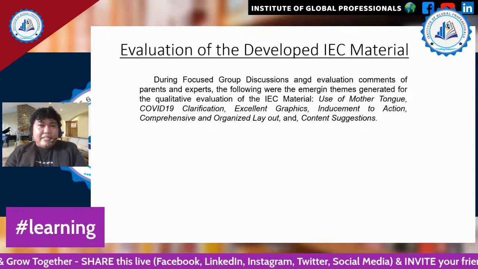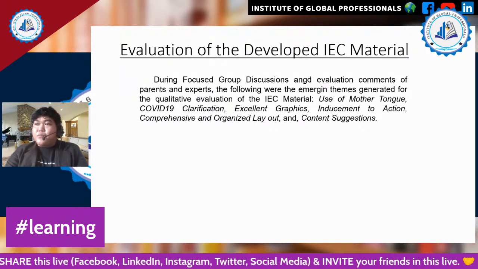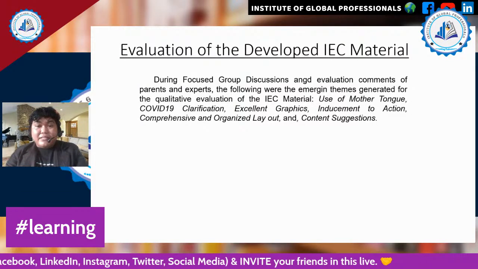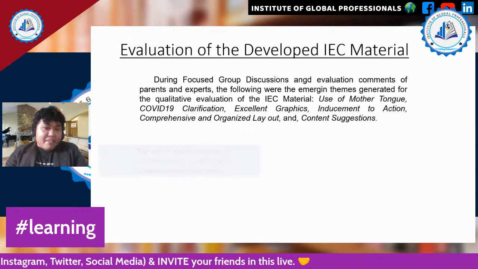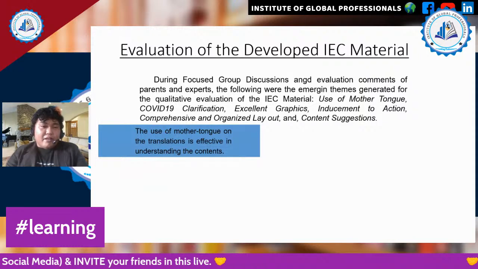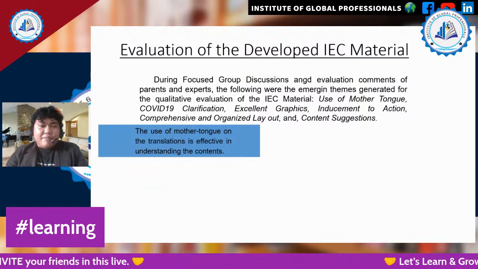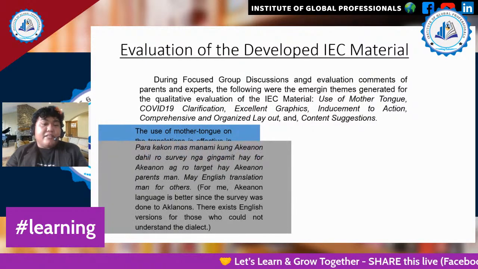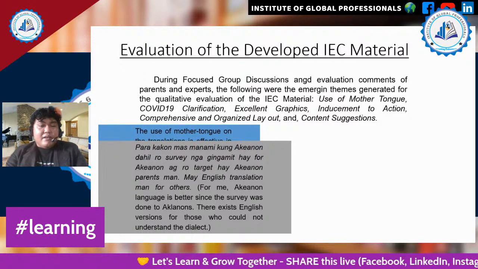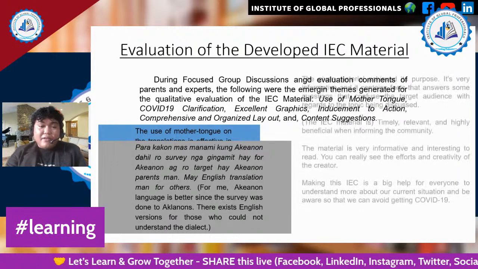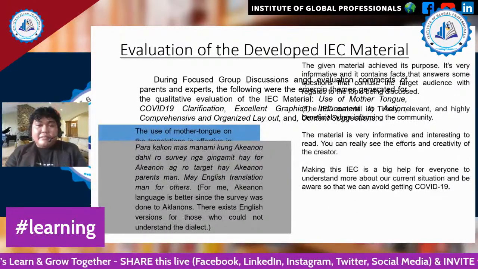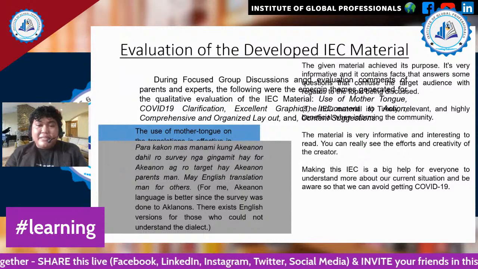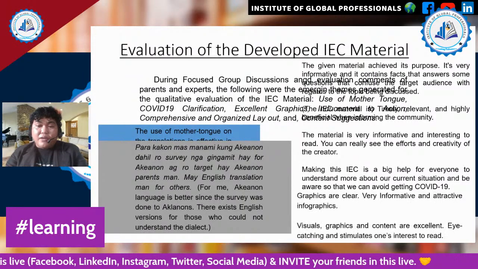So, of course, it doesn't end there. The evaluation process actually includes the qualitative aspect, and the themes that were gathered were actually the following. They mentioned that the mother tongue and the translations is effective in understanding the contents. They also said that Aklanan language is better, and making this IEC is a big help for everyone to understand more about the situation.